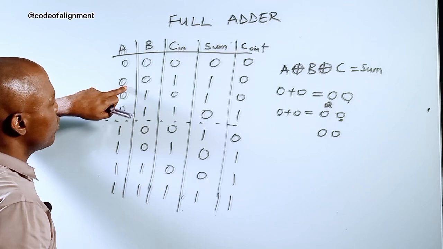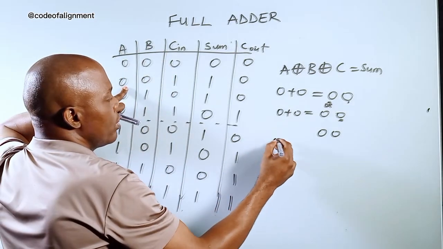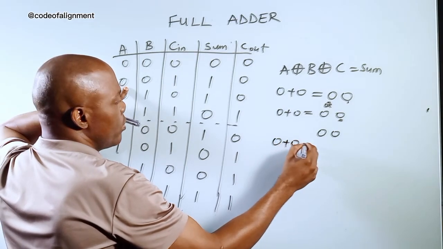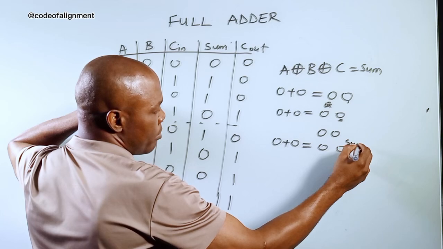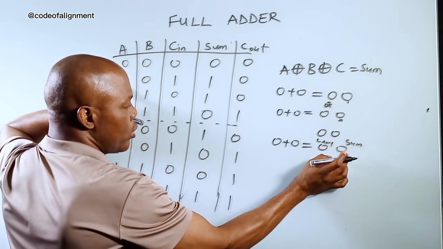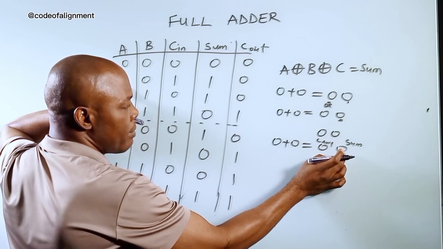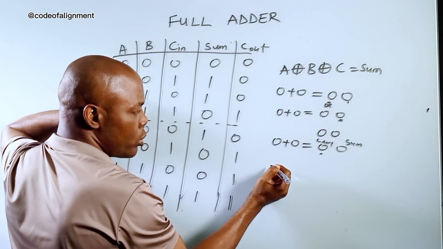Now, if we come to this one, if we say A, B, so 0 plus 0 will give you what? 0, 0. And sum, this is sum, and this is carry, right? So we are going to take the sum part because we are looking at the exclusive OR. So we'll take the sum part, we'll hold on to this carry.